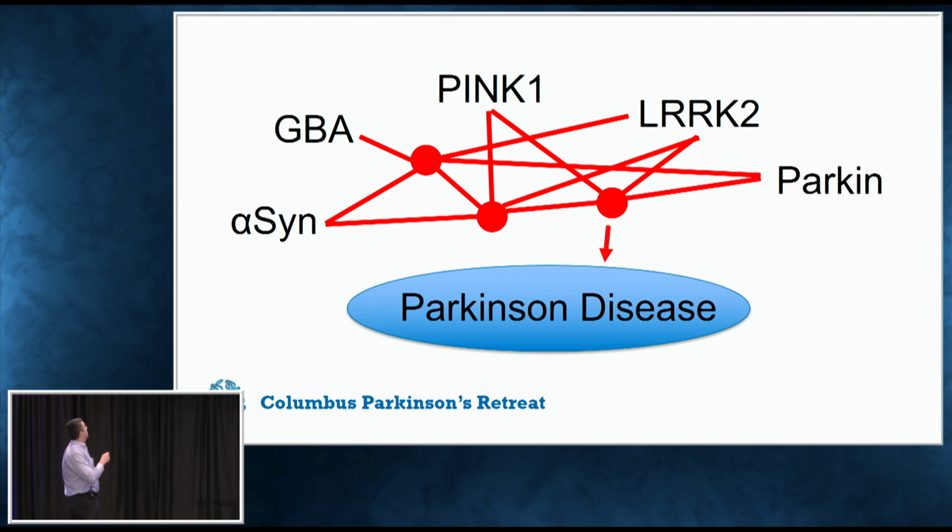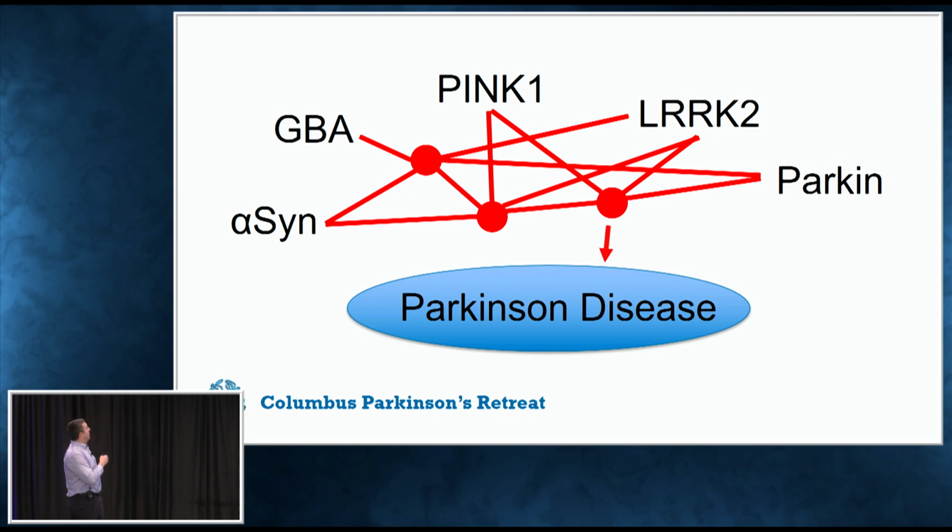Alpha-synuclein I've been talking about, glucocerebrosidase, PINK1, LRRK2, Parkin are all very well known, very well established and testable sources of Parkinson's disease. And a lot of these genes actually work on the proteasome process that I was talking about, or the lysosome process, so the process of breaking down the abnormally folded, abnormally clumped disease-causing proteins.